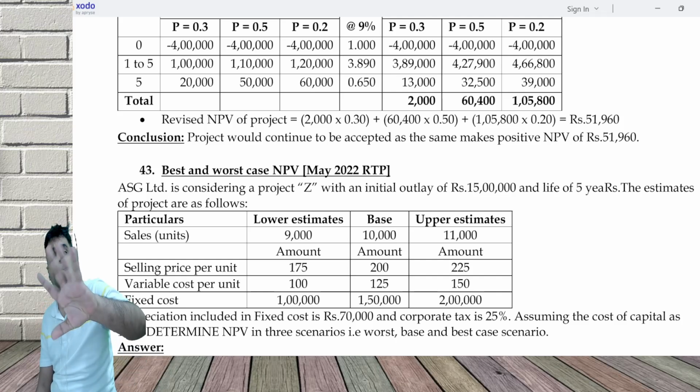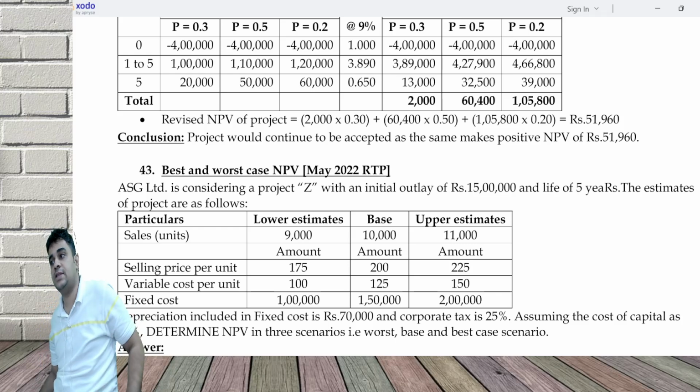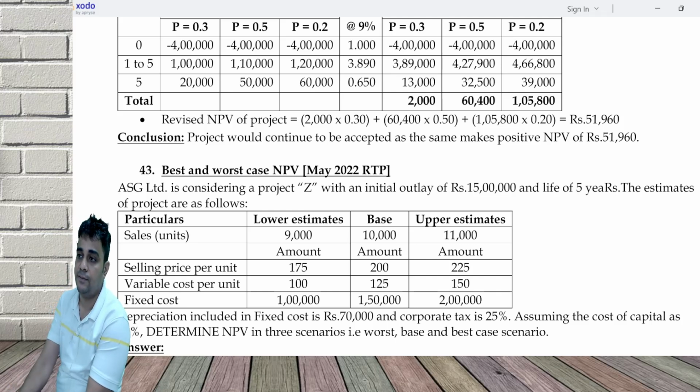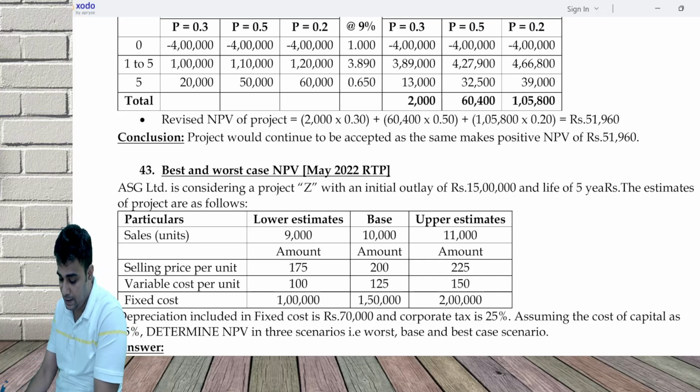Okay, I don't even want NPV. Just get me the cash flow, CF80. Just the CF80. That's all. Not even NPV. Just get me the best case CF80.